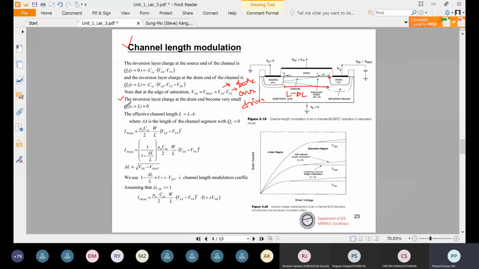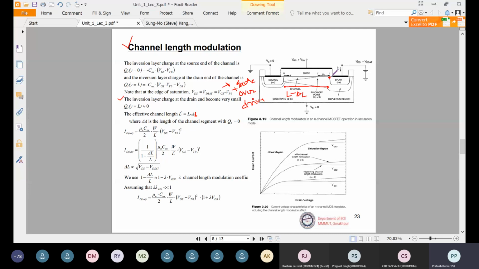will be 0. So effective channel length will be considered as L dash, that will be equal to L minus delta L. So delta L is this amount of length that has reduced the channel. Okay, so drain side से जितना channel deplete हुआ है उसको हमने delta L length ले लिया.